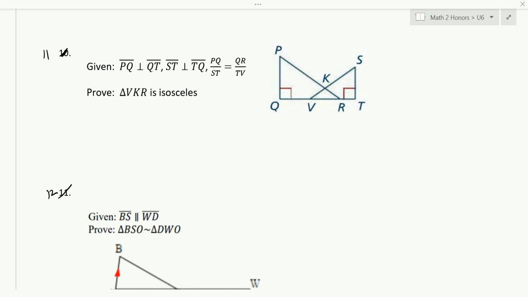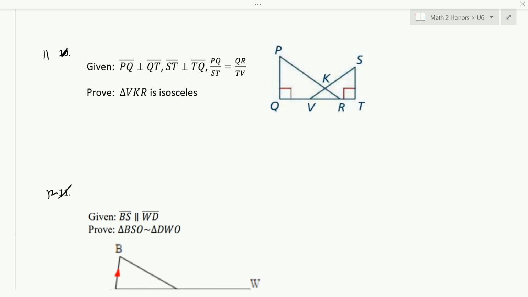You see a way of doing that? Okay, so if we can show that the base angles of that triangle are congruent, then we can use the converse of isosceles triangle theorem. How can we get to the base angles are congruent?